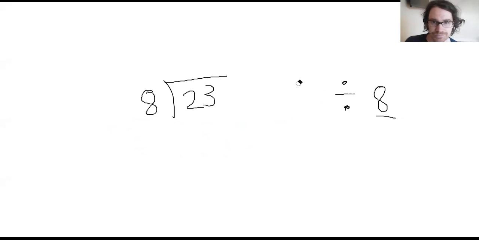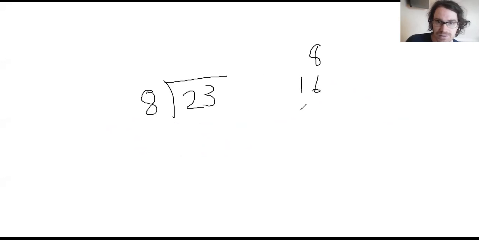So let's try it. So how many 8s can we get into 23? Well, let's write out all the 8s. 8, 16, 24. No, we've gone too far. 24 is too big. So the highest multiple of 8 we have is 16. This time we write it below.